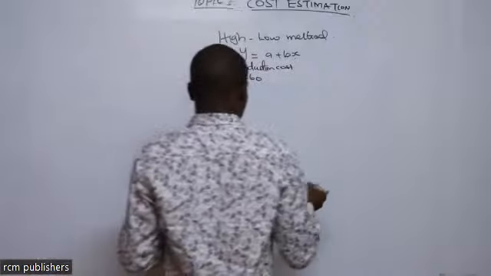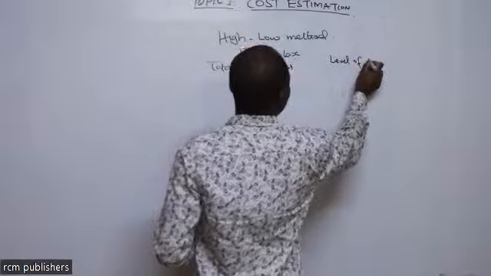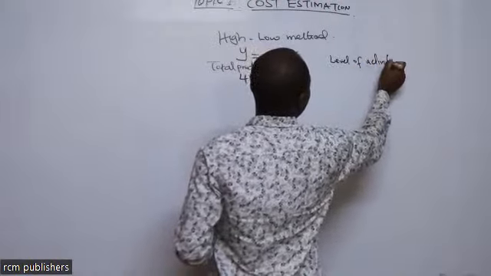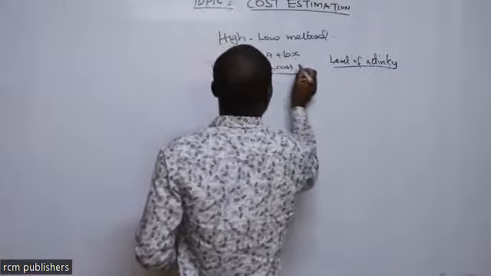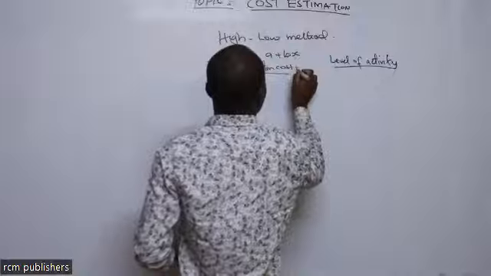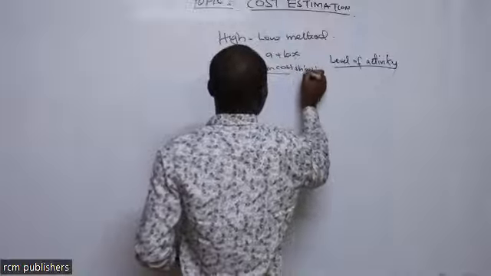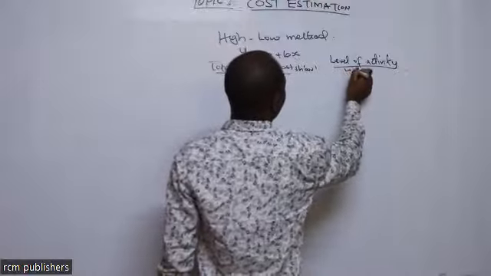And then we have level of activity. Total production cost, of course, is in thousands. And then this one here is given in units produced.